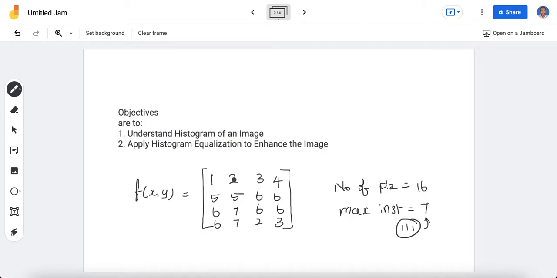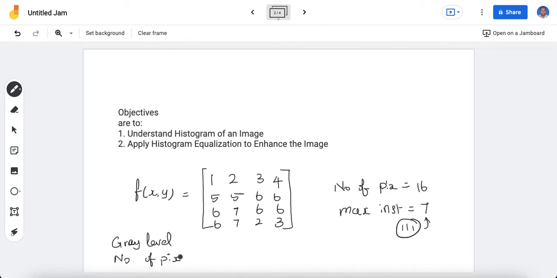Now I have to make my pixel distribution as a small tabular column, that is my gray level and the number of pixels with respect to that particular gray level.